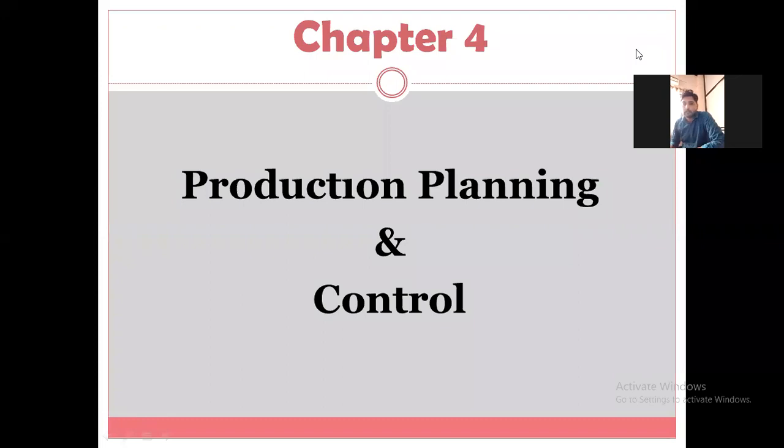And from today we are going to start our new chapter, chapter number 4, named production planning and control. Here I want to mention that the short form of production planning and control will be PPC.